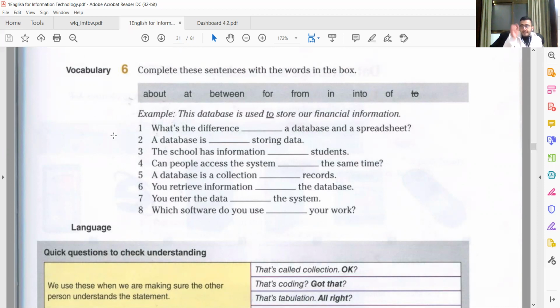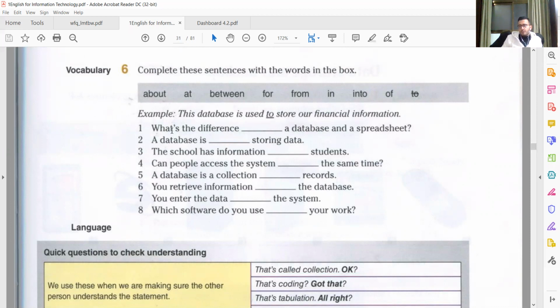Used to store, used to do, etc. Okay, so this database is used to store our financial information.